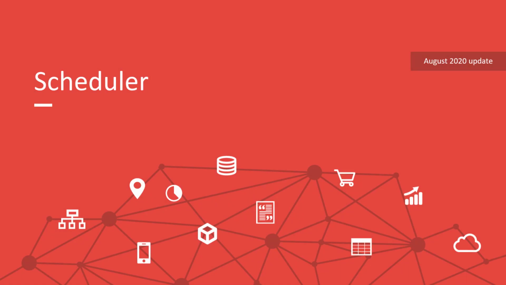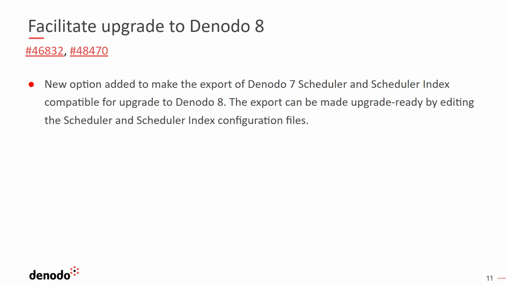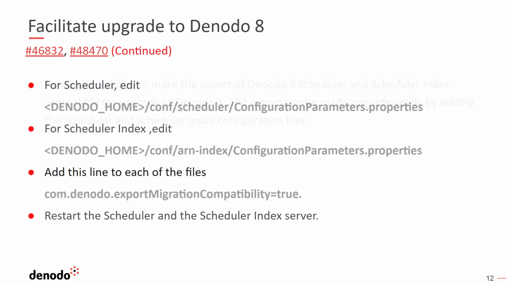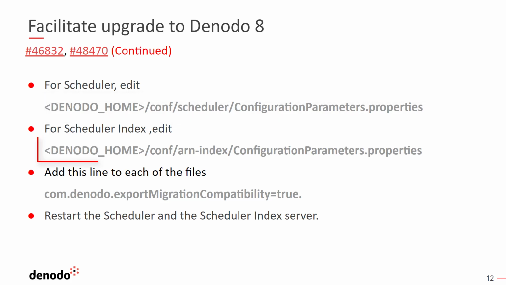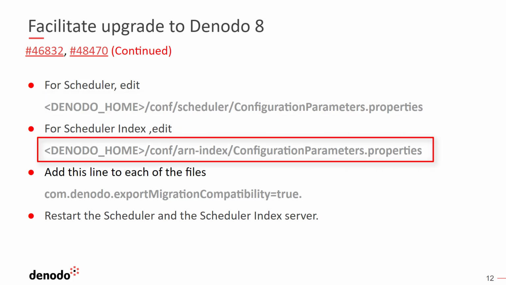We now move on to scheduler enhancements. A new option has been added to make the export of Denodo 7 scheduler and scheduler index compatible for upgrade to Denodo 8. The export can be made upgrade ready by editing the scheduler and the scheduler index configuration parameters.properties file available under Denodo Home, Conf, Scheduler and Denodo Home, Conf, ARN index folders respectively.